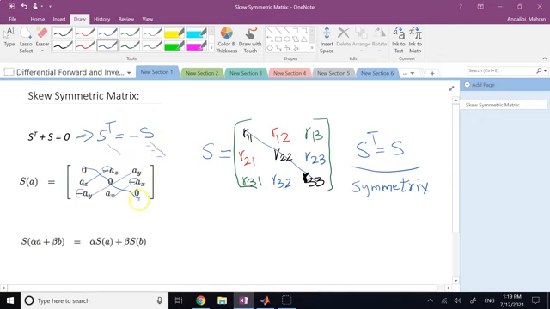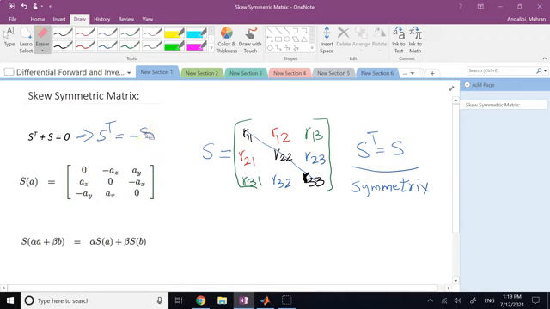The only possible solution for it is they're all 0. So in a skew symmetric matrix where S transpose is negative of S, the diagonals have to be all 0, and the mirror image elements have to be negative of each other. That's the overall idea of skew or anti-symmetric matrices.